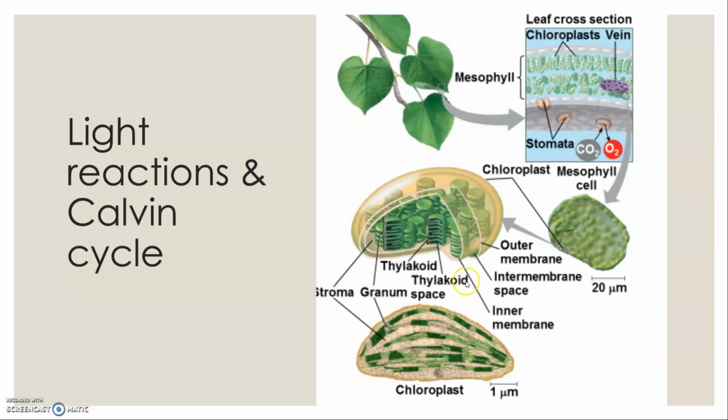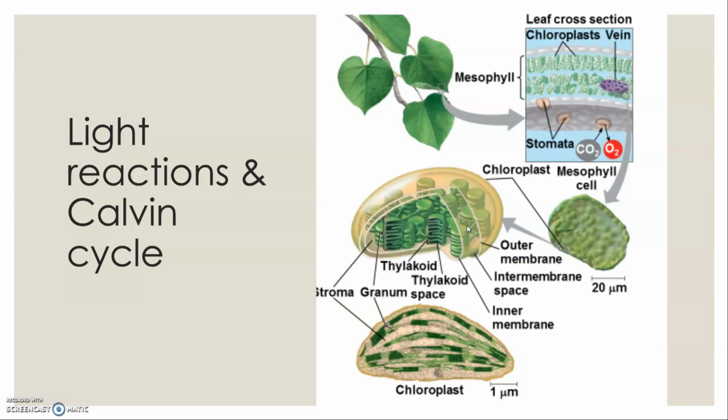The chloroplast itself has two major components. The thylakoids, also called grana when they're stacked like this, and then the cytoplasm, the liquid around it, which is called the stroma. So thylakoids, stroma, and we also talked about how chloroplasts have two membranes, an outer membrane and an inner membrane.